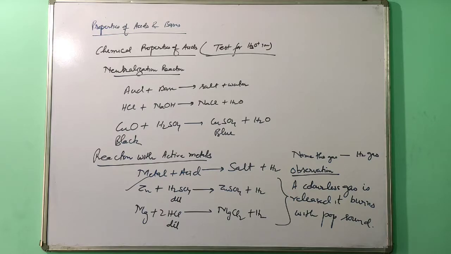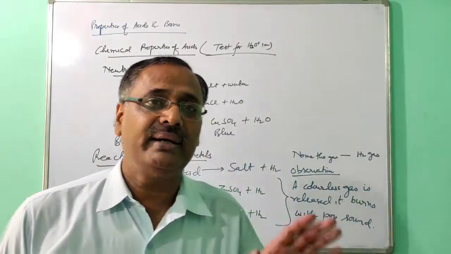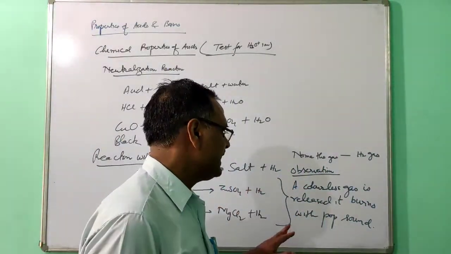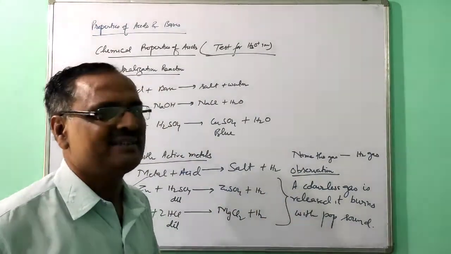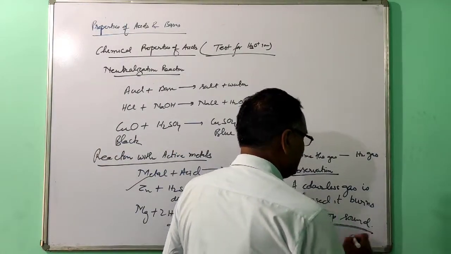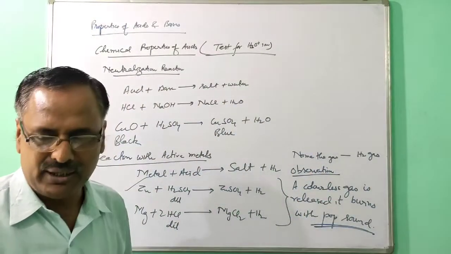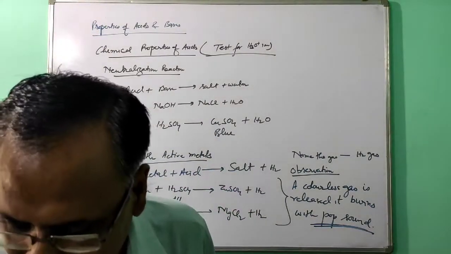In that, one mark was not given, because many gases burn with a blue flame. So wherever hydrogen gas is released, you have to write that it burns with pop sound. Only one gas burns with pop sound, that is hydrogen, and if you don't write it, they will not give you the mark.